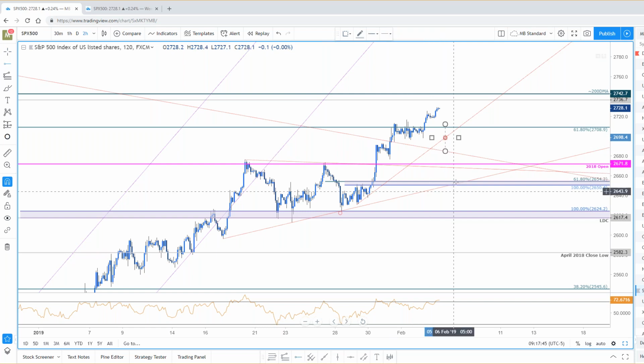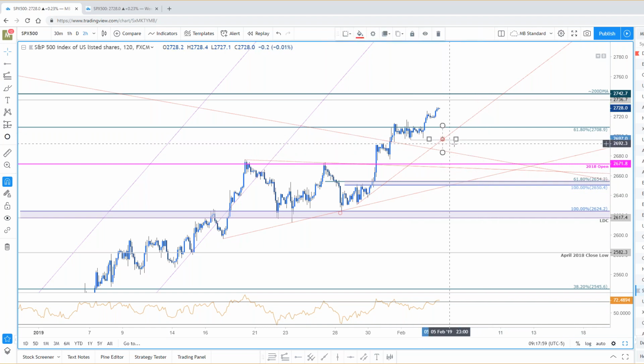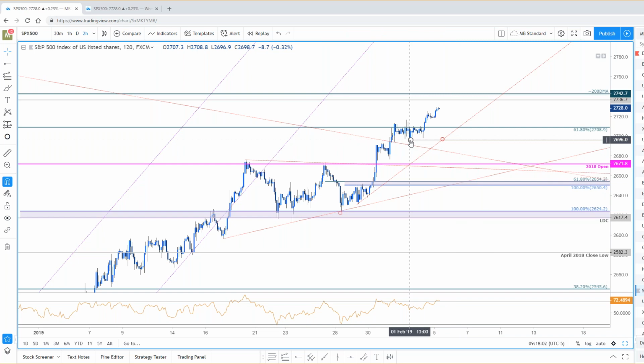Okay, so here's some objective levels for you, Pete. This is the monthly open where my cursor is right now. So that puts 2696 as your objective monthly opening range low. That's not up for debate. That is a fact in price action, right?